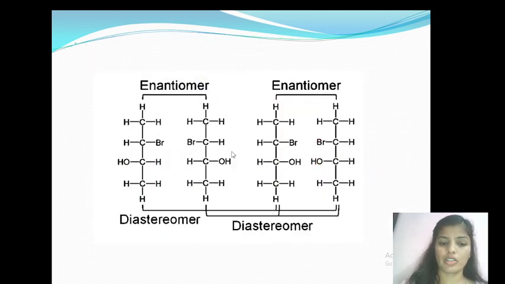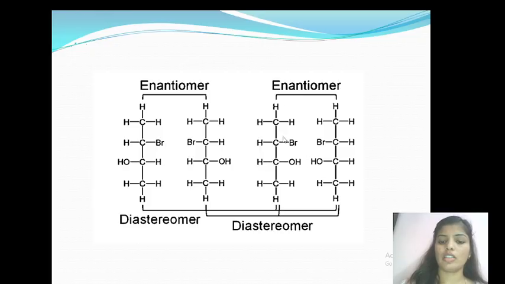Similarly, see here, these two are enantiomers of each other and these two are enantiomers of each other. This structure and this structure are diastereomers. The first one is enantiomer with the second one, but the first one is diastereomer with the third and the fourth.